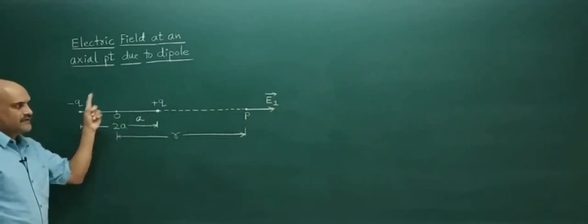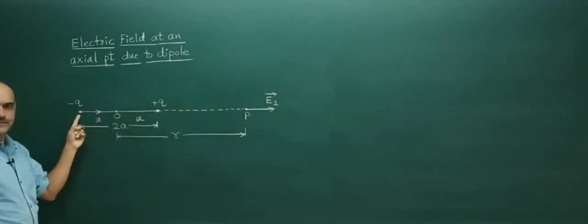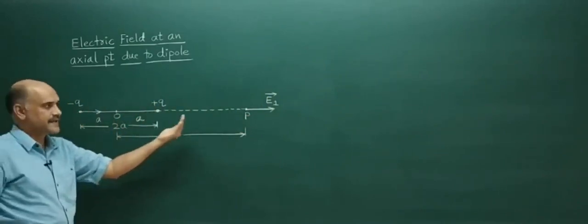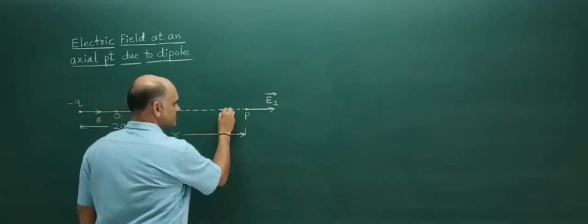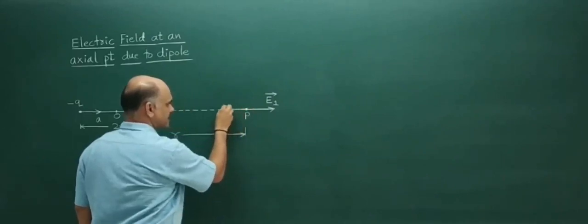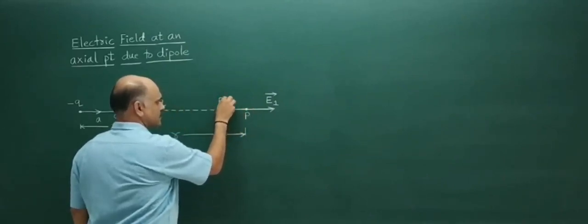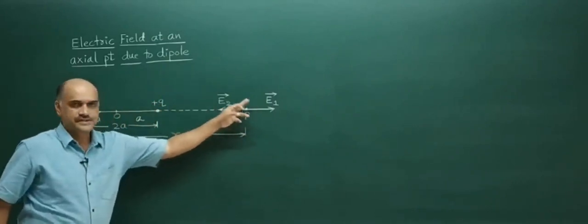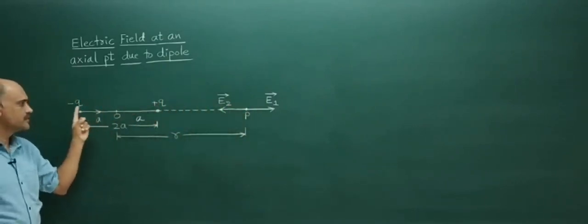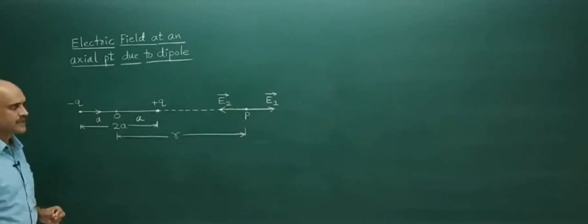Similarly, there is electric field due to minus q. As the charge is negative, it is directed towards negative. This I will take as E2. So E1 is due to plus q, E2 is due to minus q.